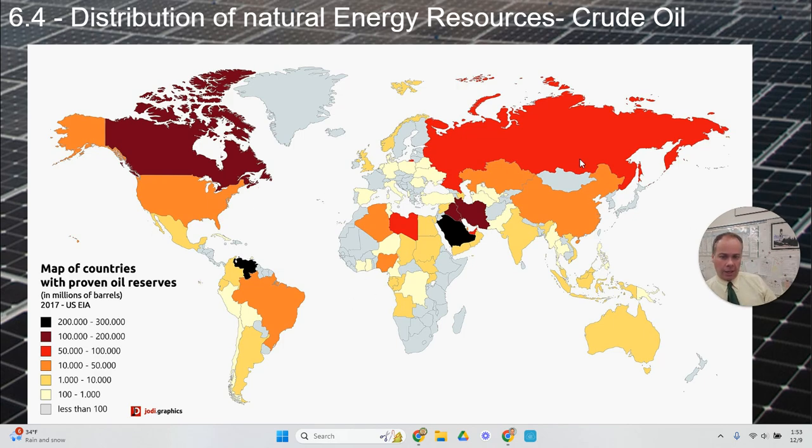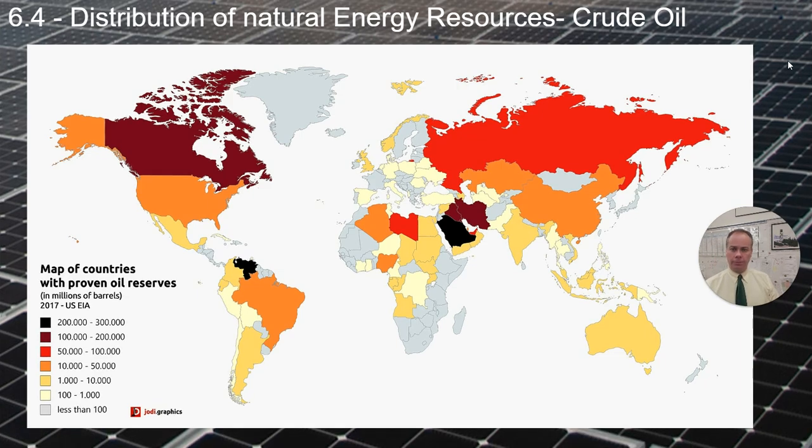And so we can see for crude oil, we have the Middle East, Saudi Arabia, for example. We have high amounts of crude oil reserves there. Canada has a fair amount of crude oil as well as Venezuela, and also some in Russia as well. So this map shows us that distribution.